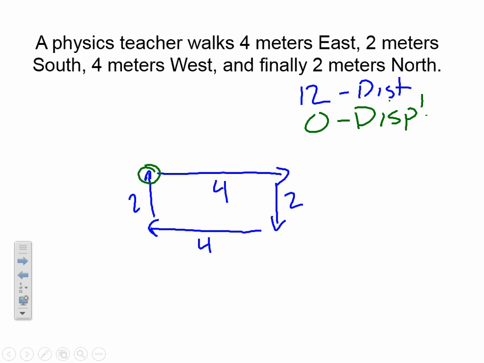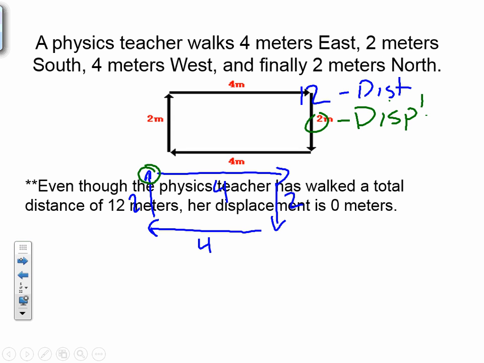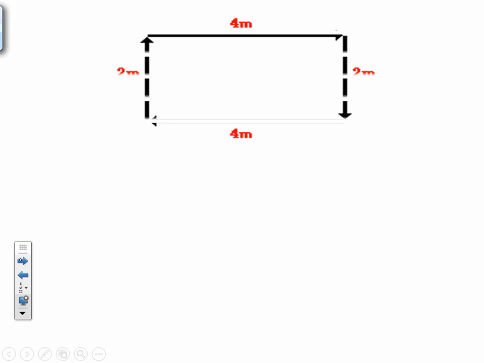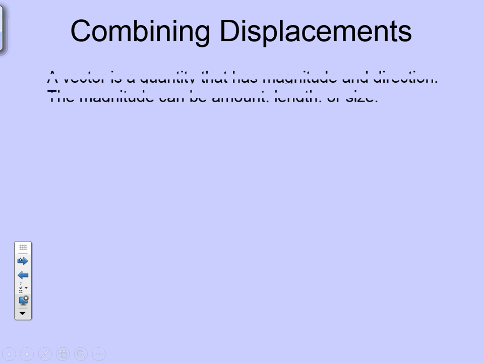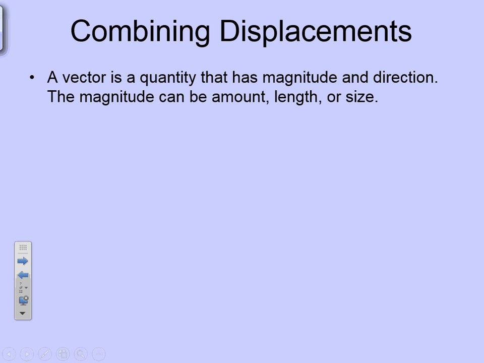So that's the difference between distance and displacement. Displacement is the distance between your starting point and your ending point. Distance is the overall distance you've traveled. All right. Now, what if they occur at an angle?